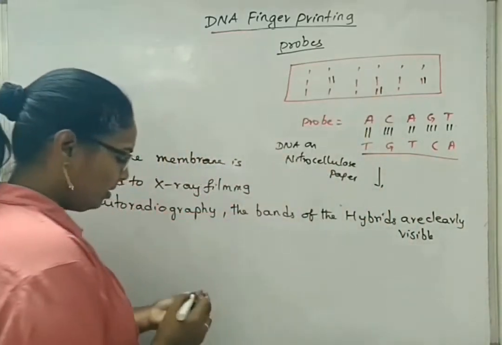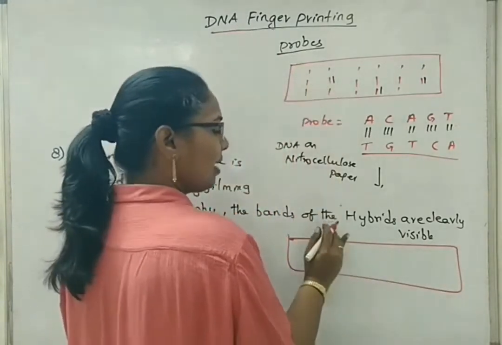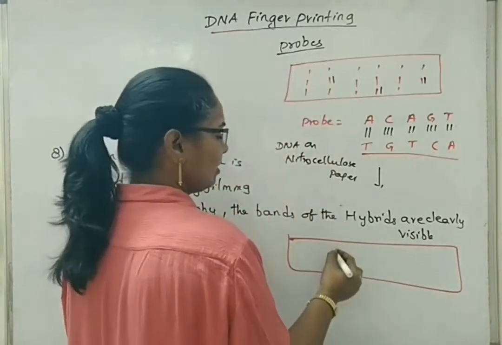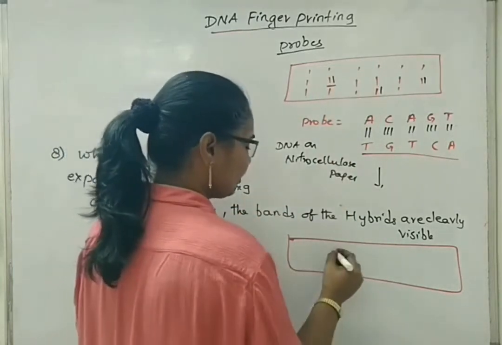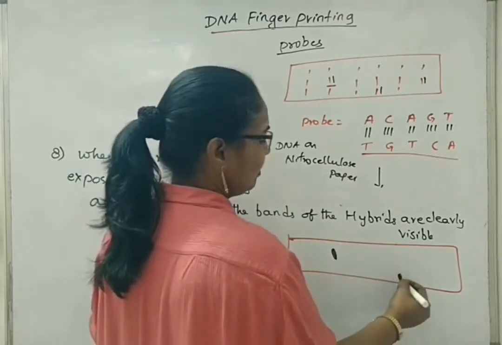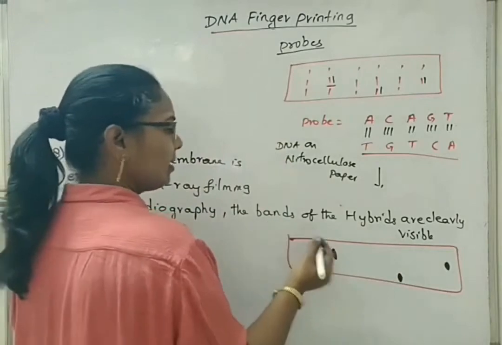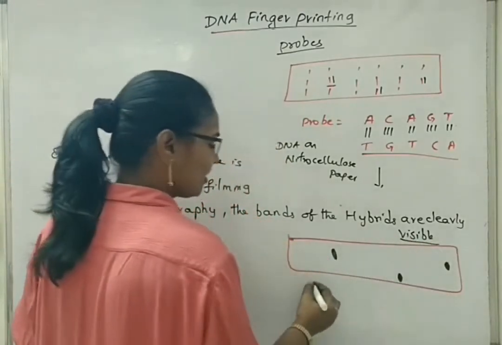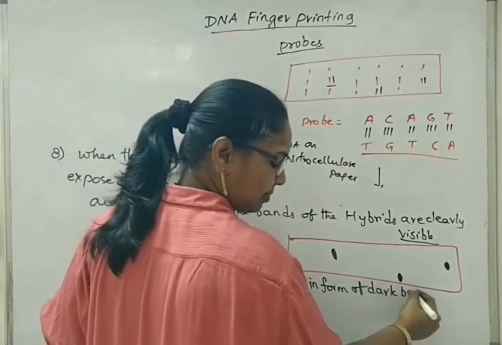Now we will write this one again. Nitrocellulose paper. After exposing to the X-ray filming, we see this combination appears dark in color. We cannot see two different strands. Here one and here one. They are clearly visible in the form of dark bands.